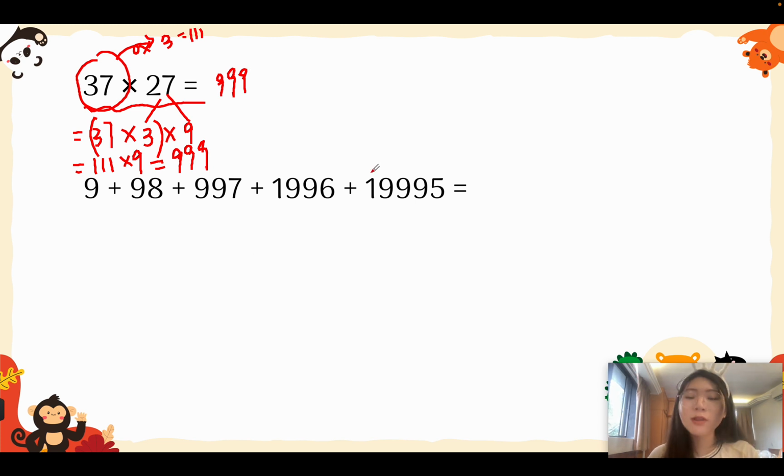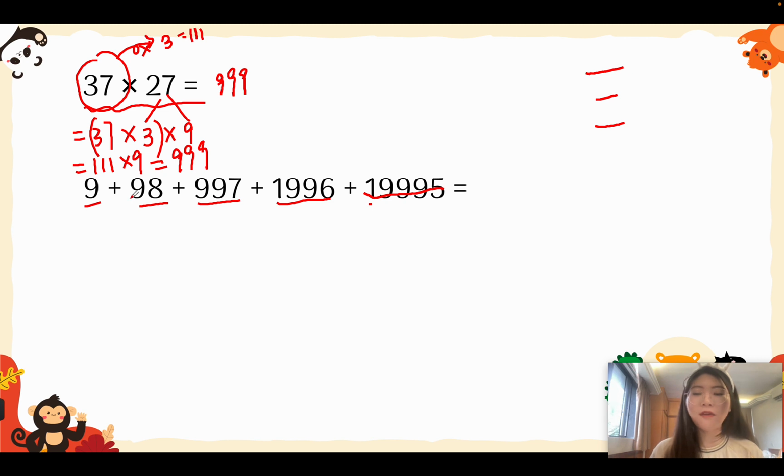And the next one, we can see 9, 98, 997, 1996, and 9995. Okay, so large. If you just do the vertical to do all of them, I think it's a little hard and a little time consuming, right? So how can you do that?